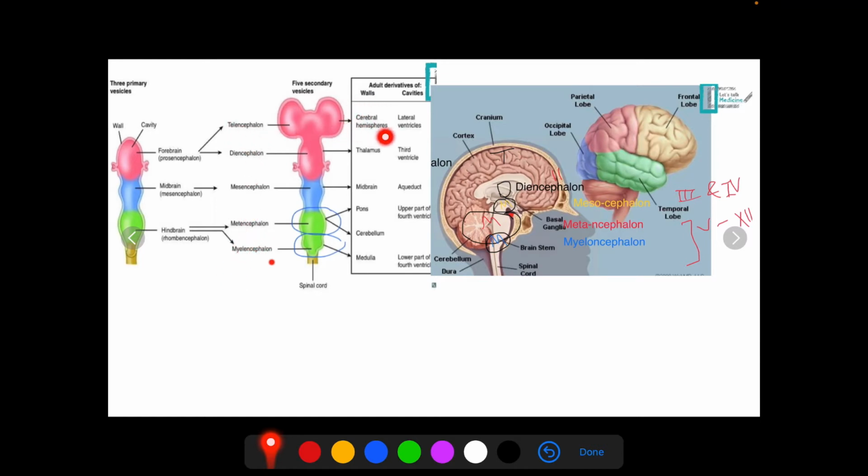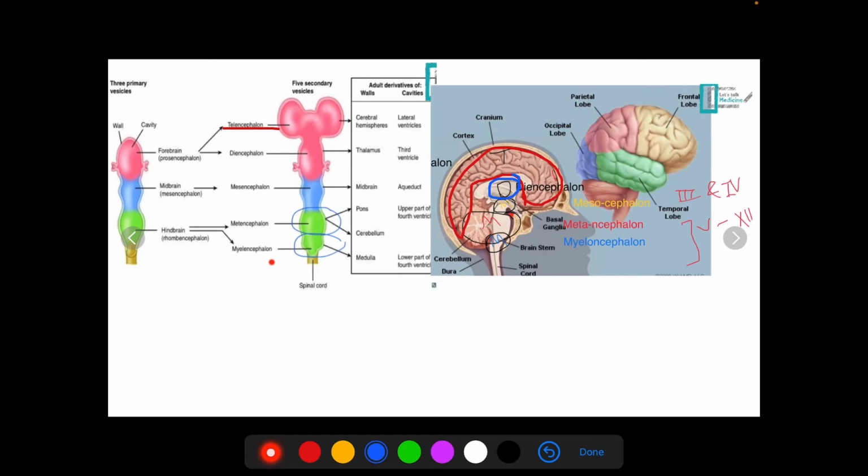Telencephalon forms the cerebral hemisphere. Diencephalon forms the thalamus. Mesencephalon, the midbrain. Metencephalon forms the pons and cerebellum, and myelencephalon the medulla. If we apply this to the mature human being, it will be easy like that. All this part, the cerebral hemisphere, will be telencephalon. And the middle part will be diencephalon.